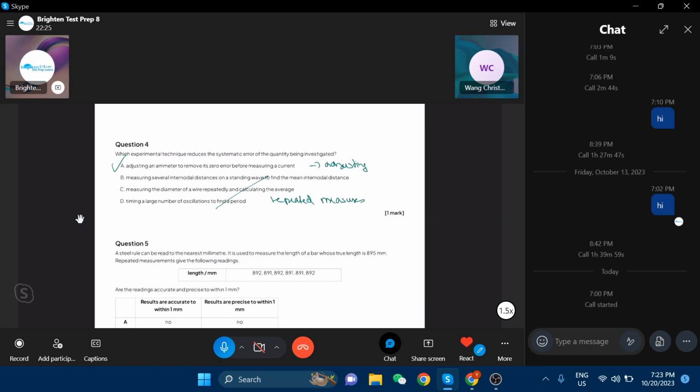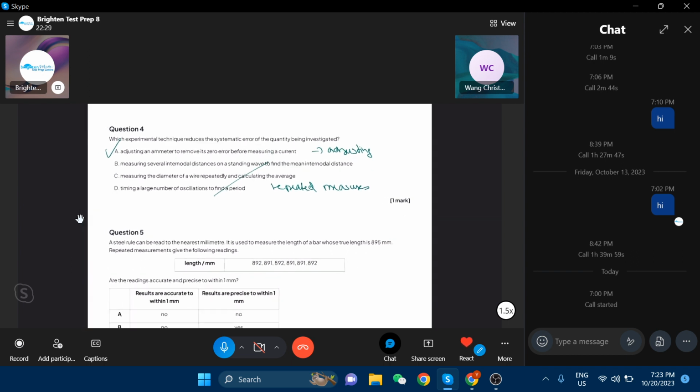That's why it's good that you cut through it, right? It sounds complicated. Some get confused by that and say, "Wow, what is this internodal distance on a standing wave, etc." But it's not even important. It's several again, or repeatedly, or a large number. So it's basically 3 different expressions to say the repeated. Yeah, that's good.